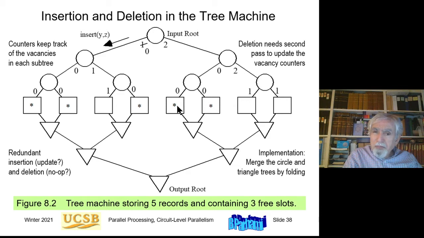How do we do that? Well, when some cell deletes a record, it notifies the lower subtree, giving its address, saying I'm the one who deleted, and this address emerges from here. So we need a second pass through the tree.